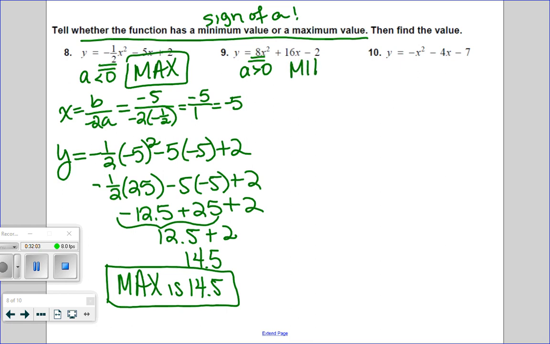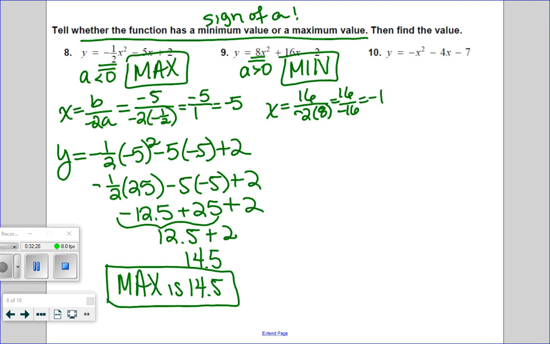It is a min. And then we go through the process again. We use that b over negative 2a. For us, that means 16 over negative 2 times 8, which is just 16 over negative 16, which is just negative 1. Is that okay with everybody?